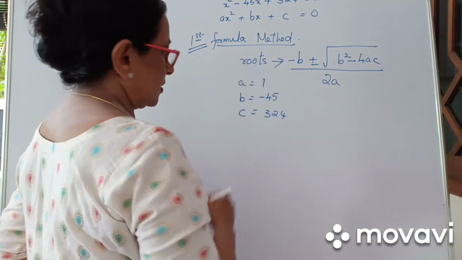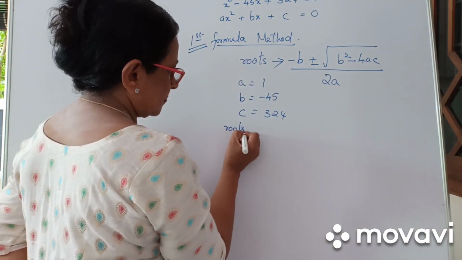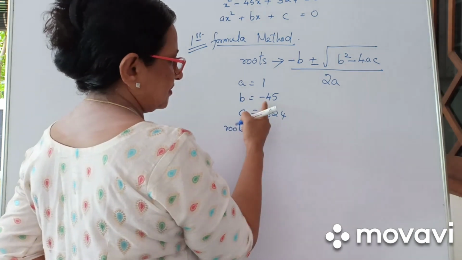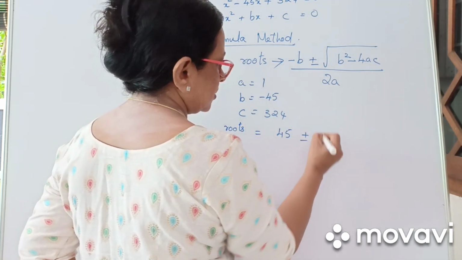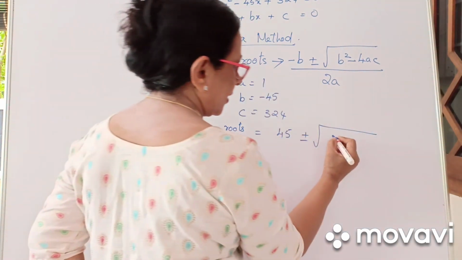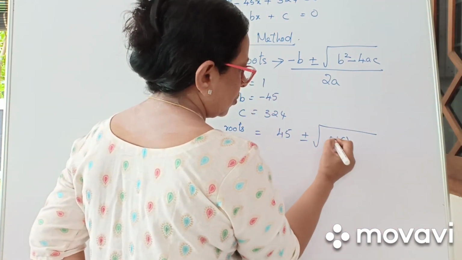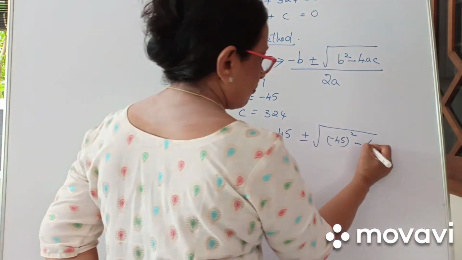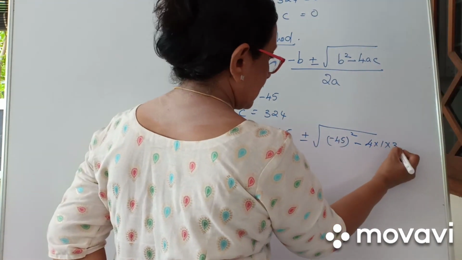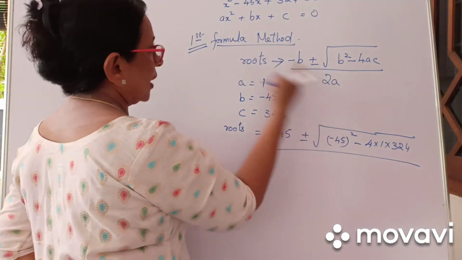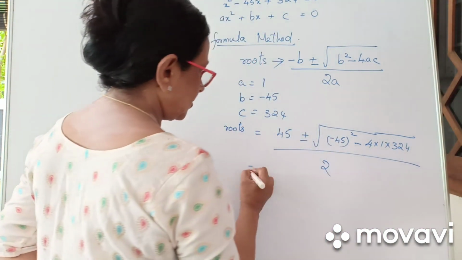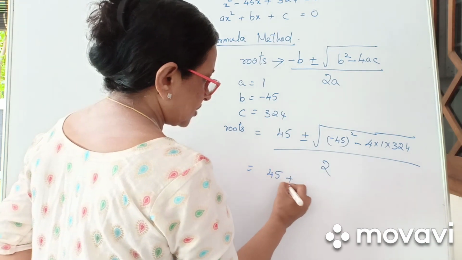Now substitute in this. Roots equal to negative b, which will be positive 45, plus or minus root of b squared, negative 45 whole squared, minus 4 into a into c, the whole divided by 2a, 2 into 1 is 2.